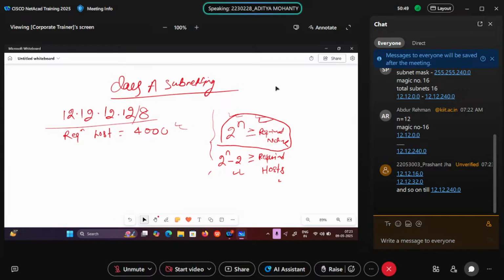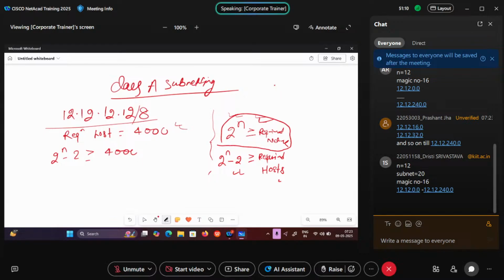So have you created subnet 0 and the last subnet? Just find the last subnet you are getting. Suppose you have applied the formula 2 to the power n minus 2 is greater than or equal to 4,000.